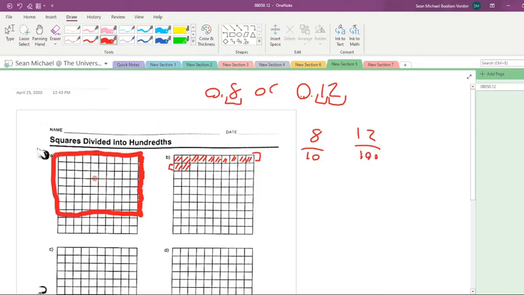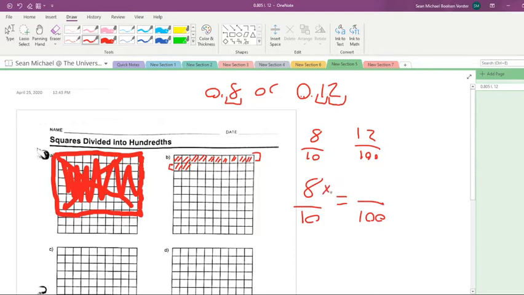Now, when you look at it like this, this is obviously a lot bigger than this small section, and that's right. That is how it's supposed to be, because this is dealing in tenths and this is dealing in hundredths. If we were to make this an equivalent fraction, 8 over 10 is equal to something over 100.